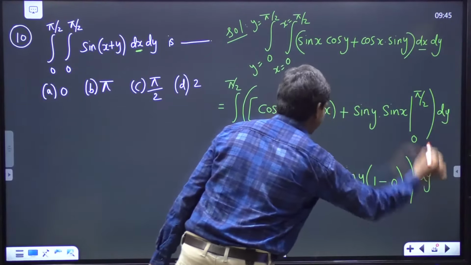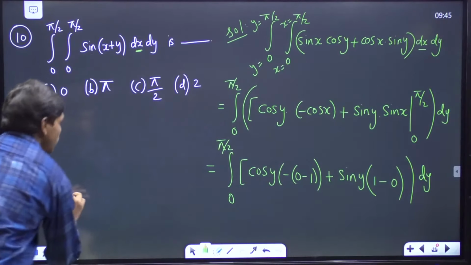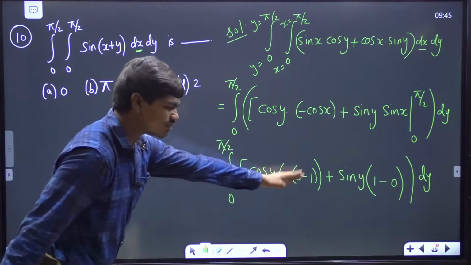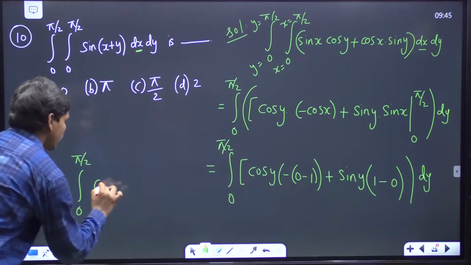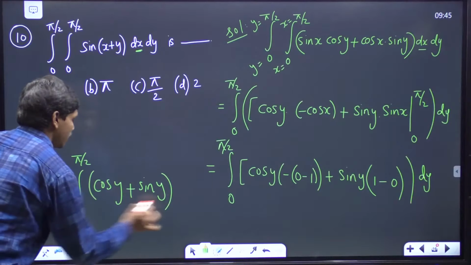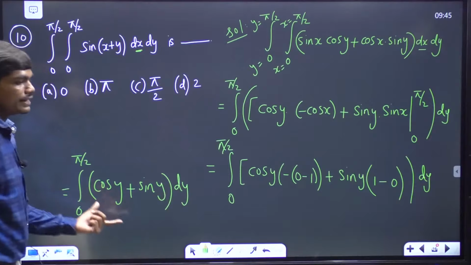So this is equal to integral 0 to pi by 2 of minus of minus 1 is 1, cos y plus sin y dy.